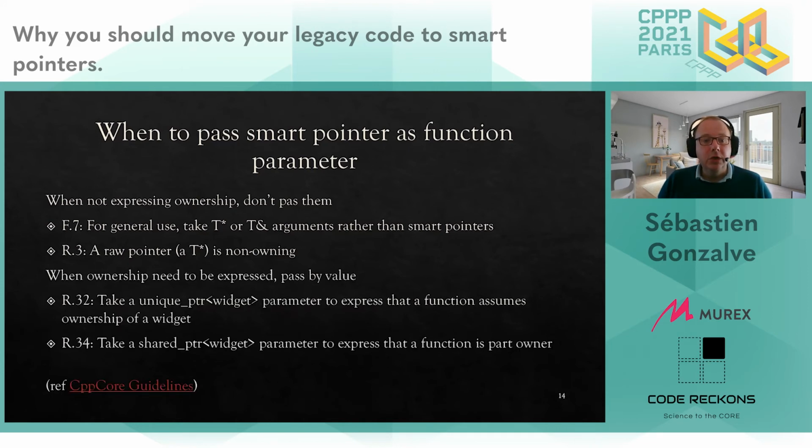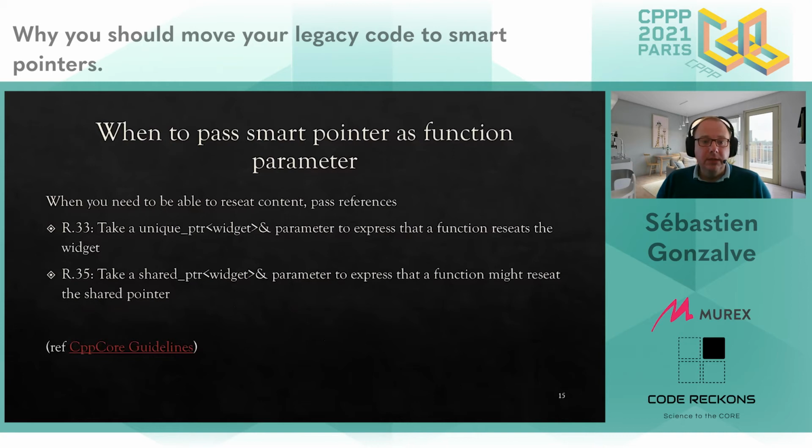So the extension of this would be that if you need to pass a smart pointer to your function, it means that you transfer the ownership when it's a unique pointer, or you want to share the ownership with the shared pointer. The last way of passing this is using references.